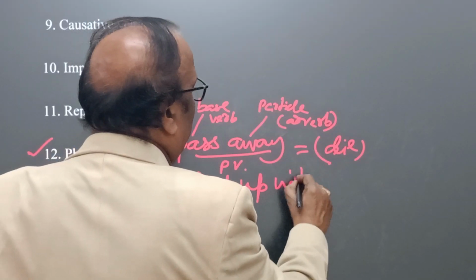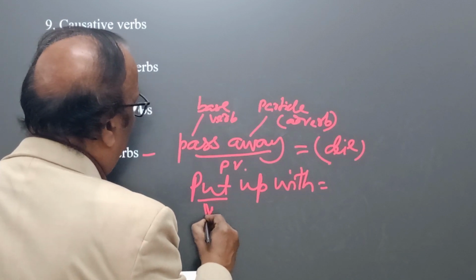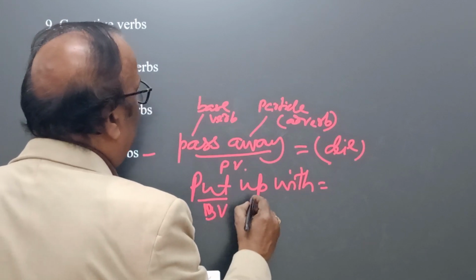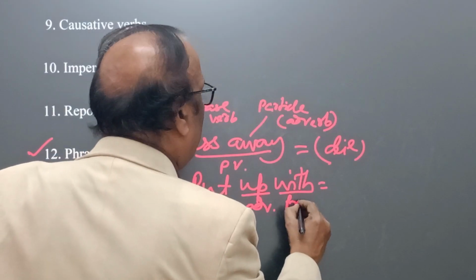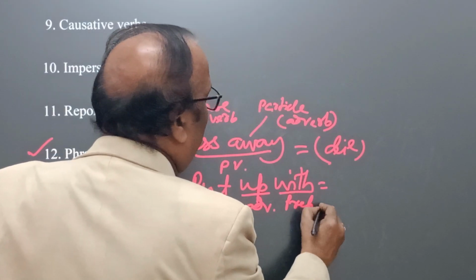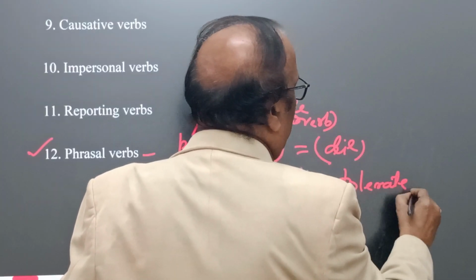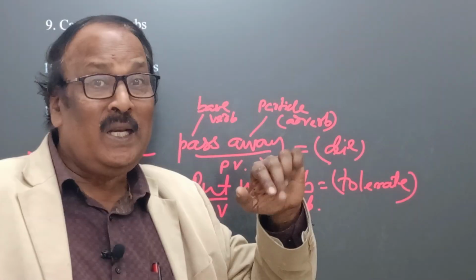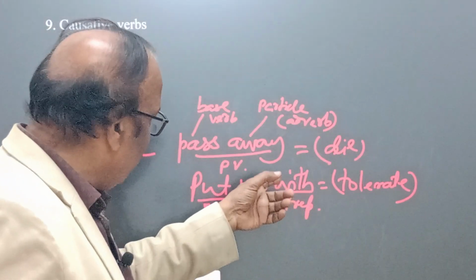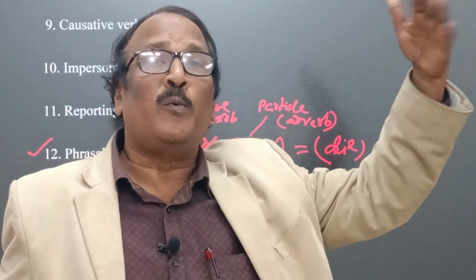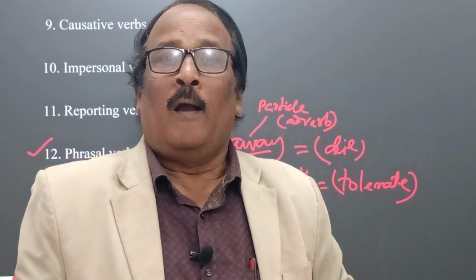Similarly, put up with. It is also a phrasal verb. Put is the base verb, up is the adverb, with is the preposition. Put up with is equal to tolerate. Phrasal verbs usually don't express the literal meaning, they express special meaning. It will be discussed very vividly in the subsequent classes.